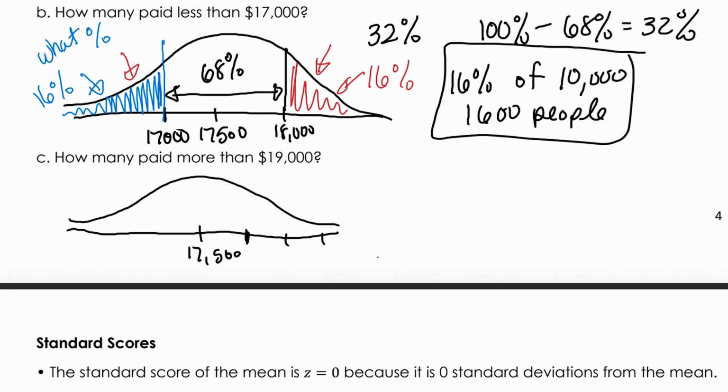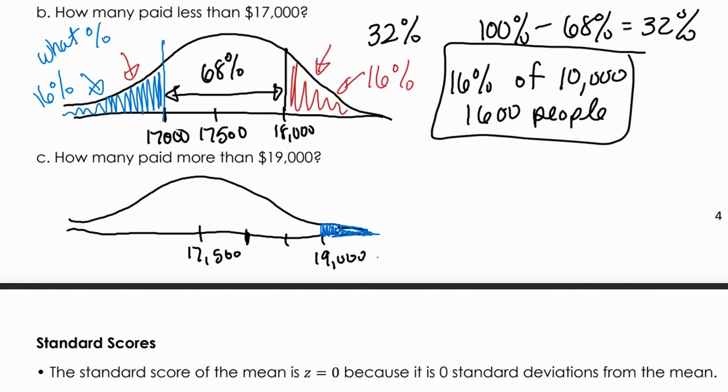The first standard deviation is at 18,000. The next standard deviation is at 18,500. And then the third standard deviation is that 19,000. So we're looking for this small portion of people in this little tail right here that paid a lot of money. So these are going to be the extreme values.